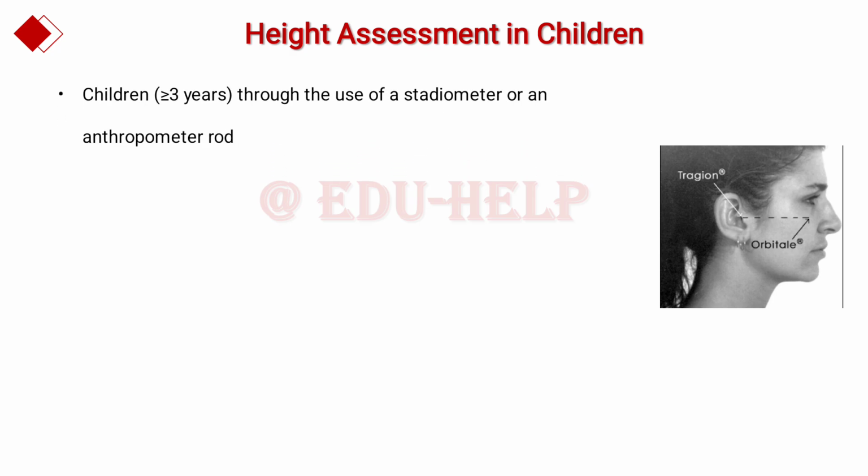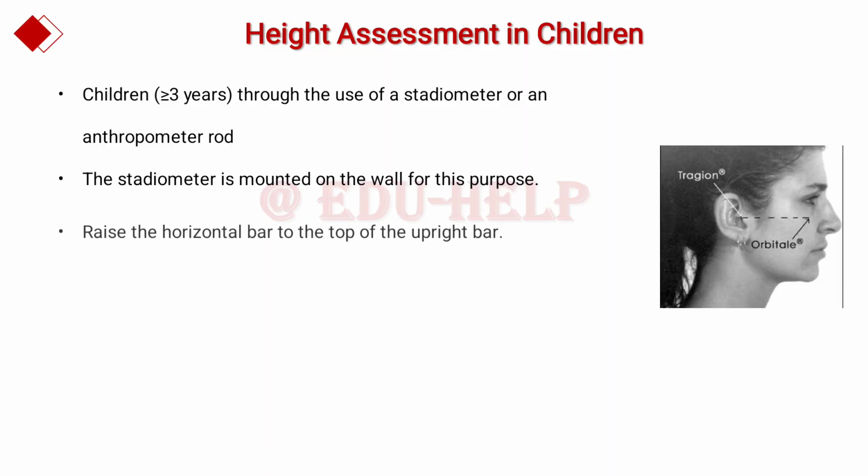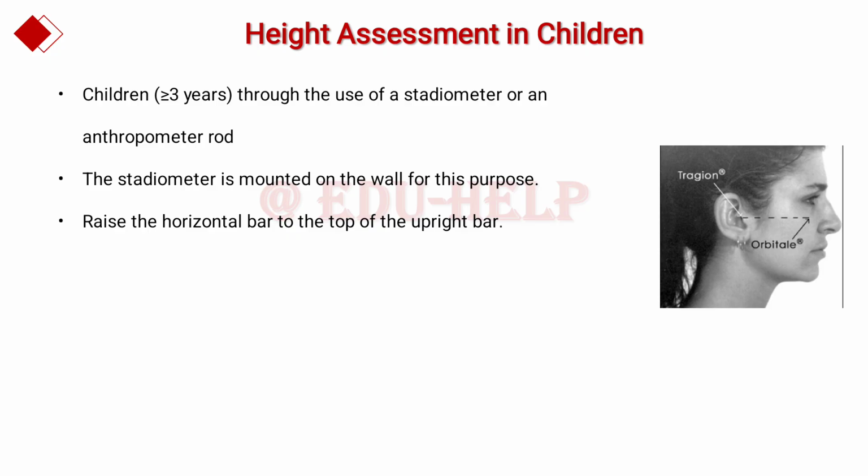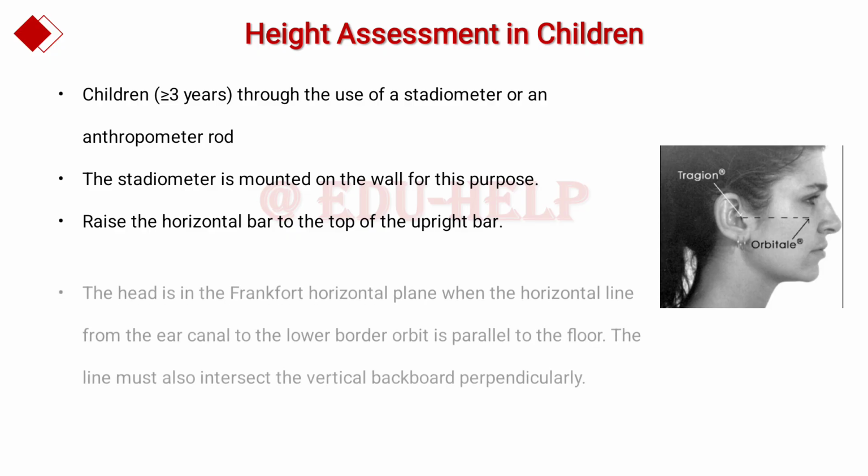For height assessment of children more than 3 years, we use a stadiometer or an anthropometric rod. The stadiometer is mounted on the wall for the purpose. We should raise the horizontal bar to the top of the upright bar.